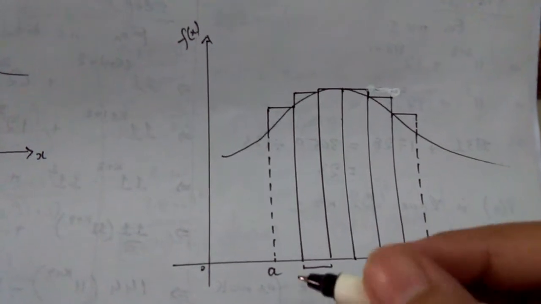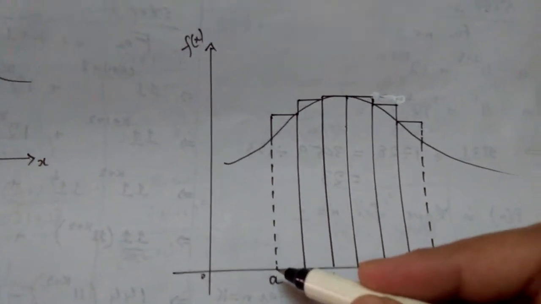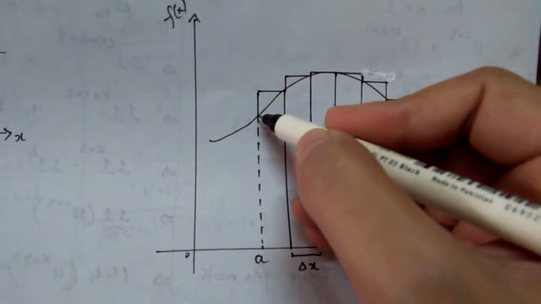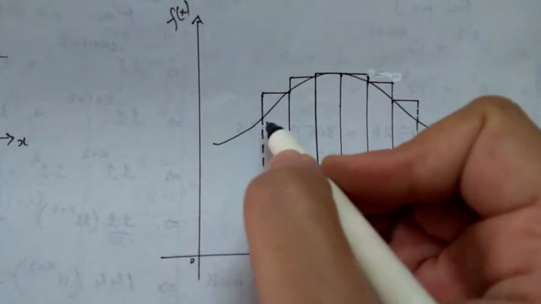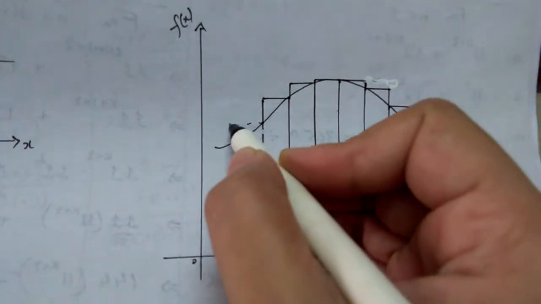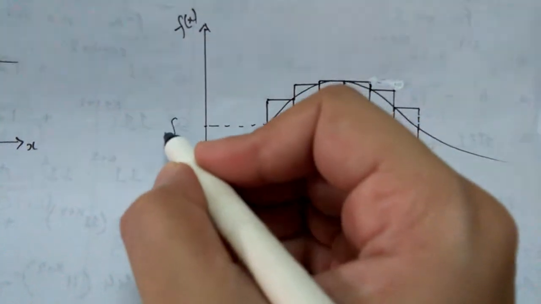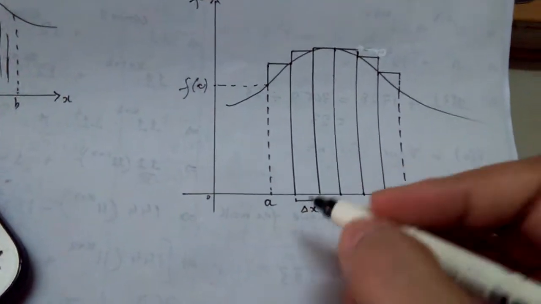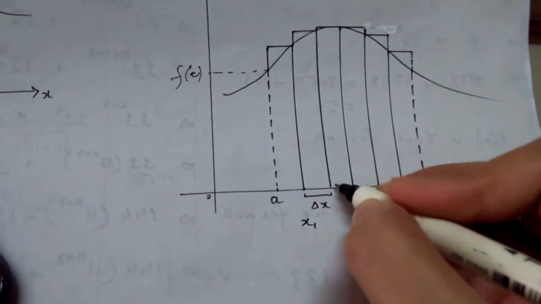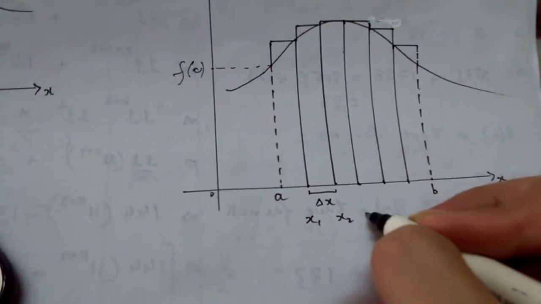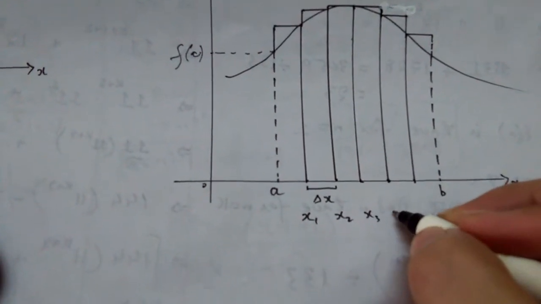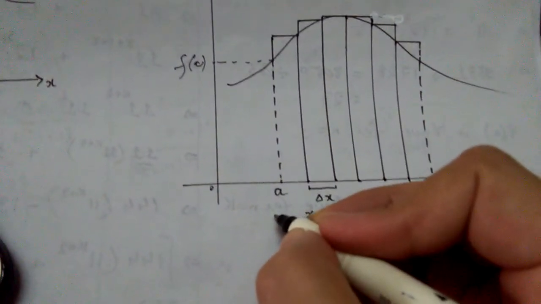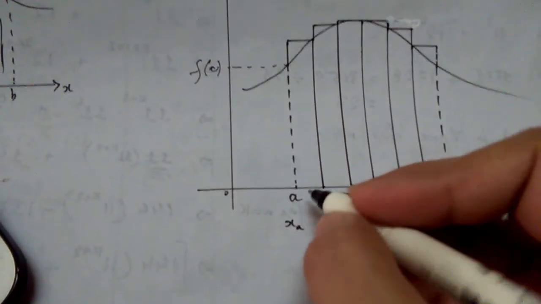If I take x equals A, then the projection falls on the curve over here, and in this way I can easily trace my y coordinate, which is f of A. In the same way, this point is x1, this point is x2, this point is x3, this one is x4, this one is x5, and this is xb, and you call the first one xa.